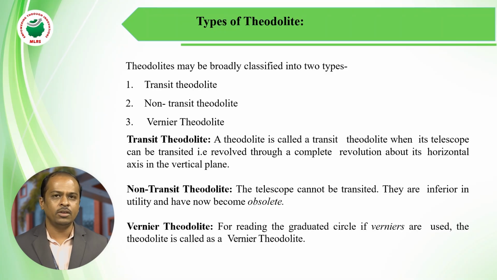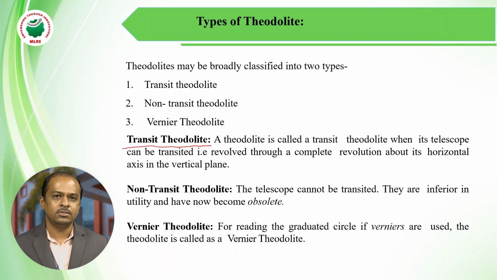Next, coming to the topic of types of theodolite. Normally we classify into two types, transit theodolite and non-transit theodolite, depending upon the movement of the telescope. If the theodolite telescope can be revolved up to 360 degree or 180 degree, that possibility of revolving, we call it transiting.